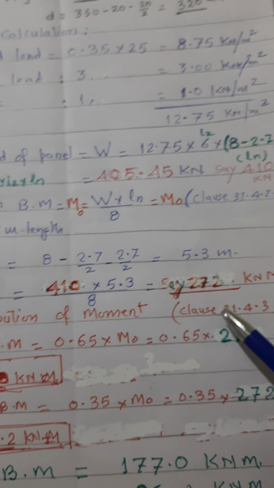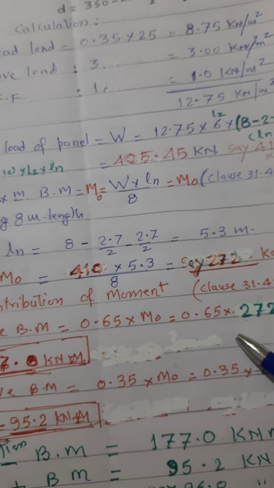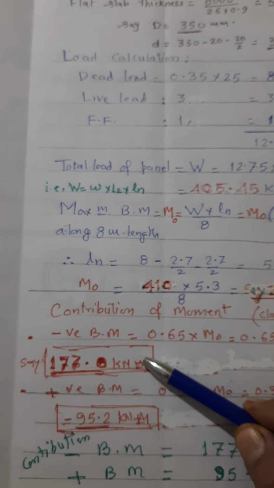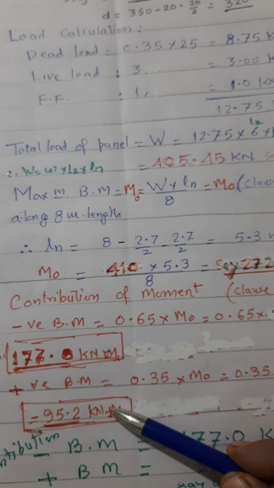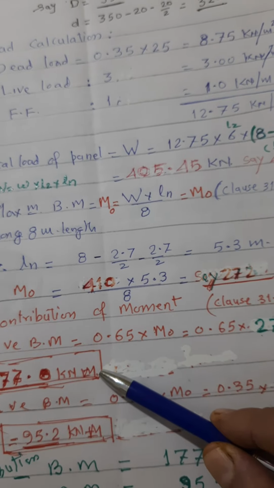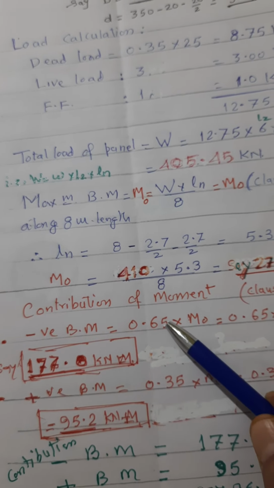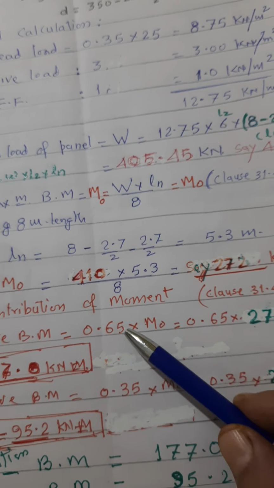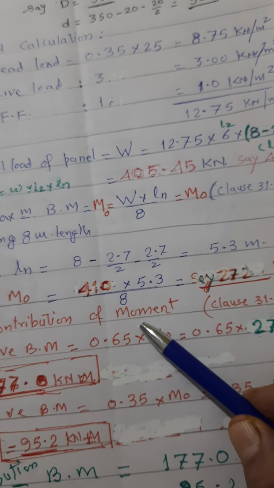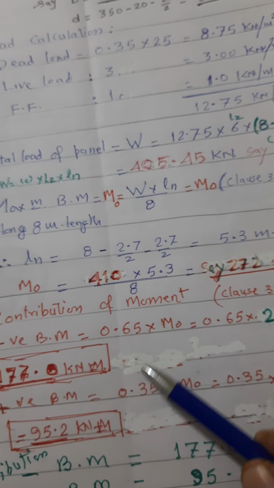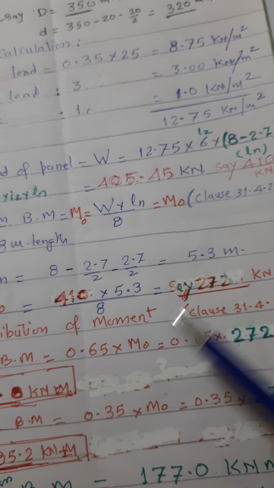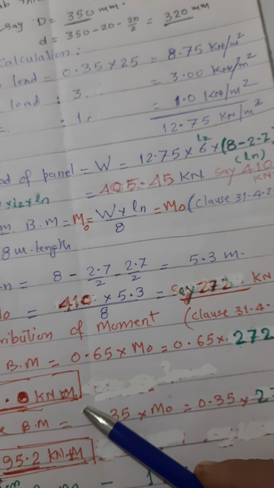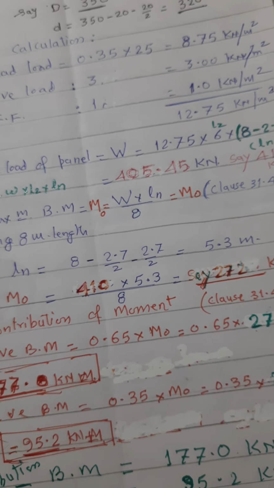Now, this is the negative bending moment, and this is the positive bending moment. For this we have multiplied by 0.65, and for this we have multiplied by 0.35. 65% of the total M0 is the contribution for the negative bending moment, and 35% for the positive direction.